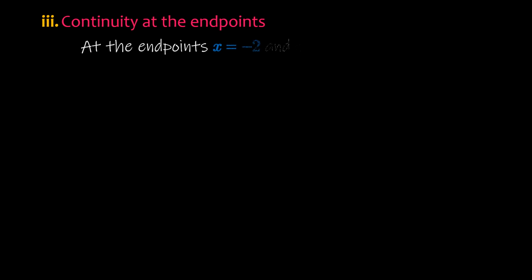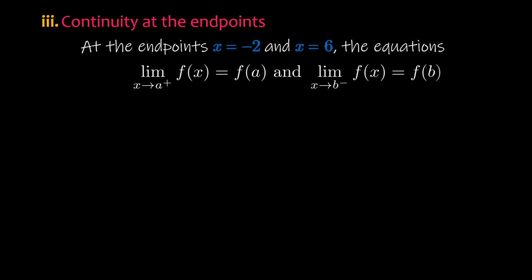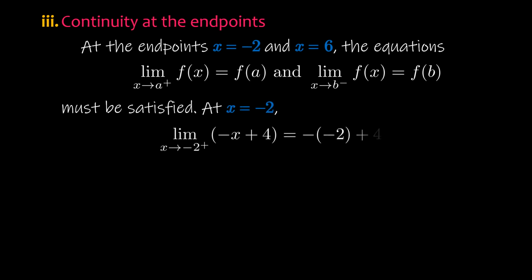Third, continuity at the endpoints. This is an optional part since it has already been proven in the first part. At the endpoints x equals -2 and x equals 6, the equations must be satisfied. At x equals -2, the limit of -x plus 4, as x approaches -2 from the right, is equal to 6.